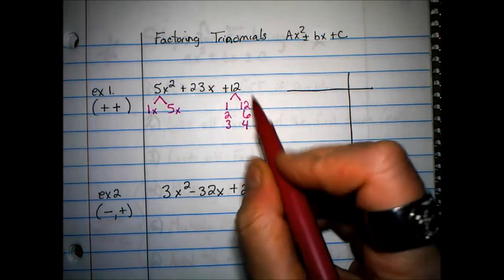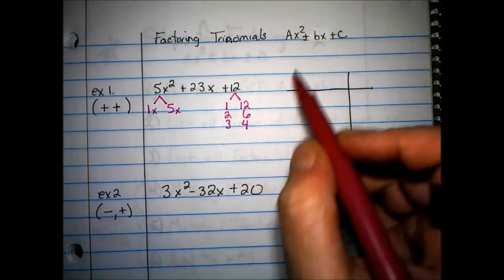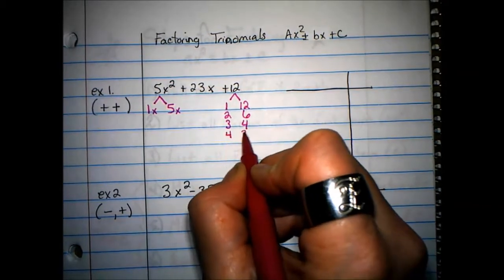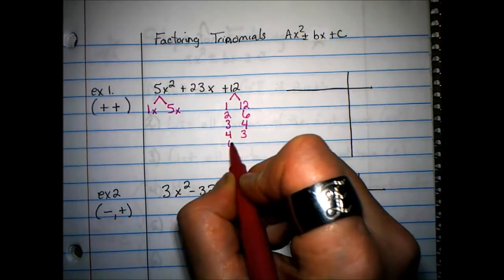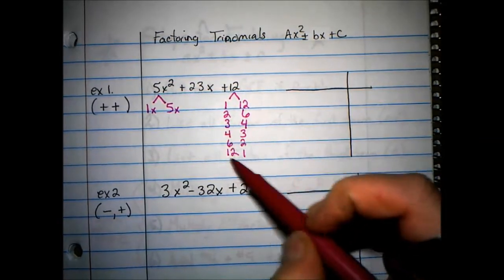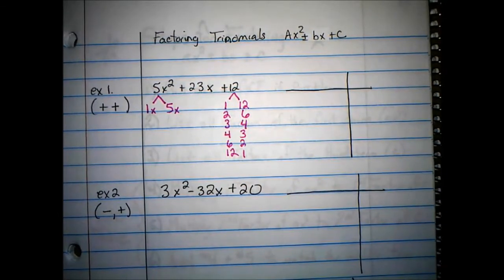And then for this type of factoring, I'm also going to repeat, so I'm going to go 4, 3, 6, 2, and 12, 1. I'm going to go all the way on each one of these for this type of factoring.